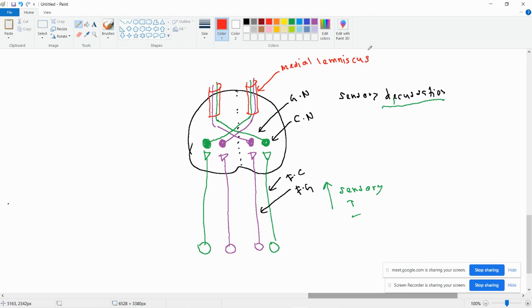Okay, medial lemniscus, class. That's why we call this level the sensory decussation.